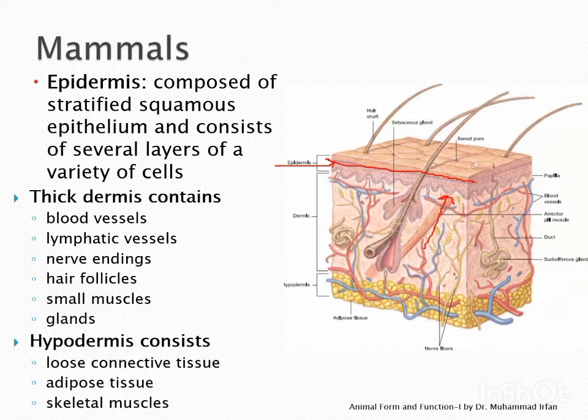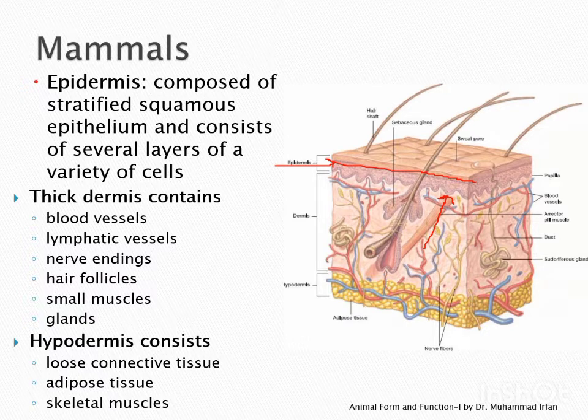Most cells of the epidermis are called keratinocytes. Keratinocytes gather a protein called keratin, and they become hard. They protect the epithelium from abrasion, and they also prevent the loss of water.